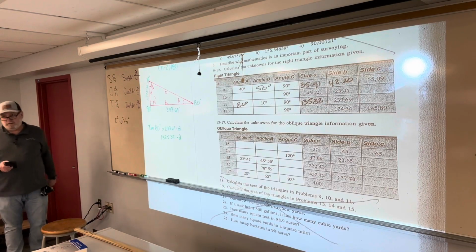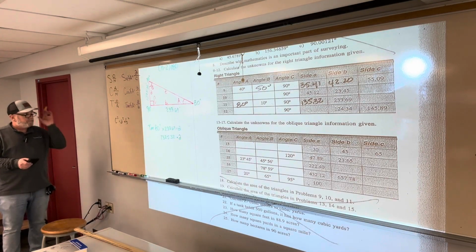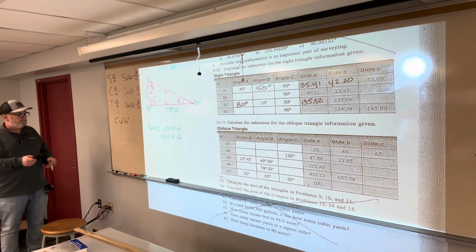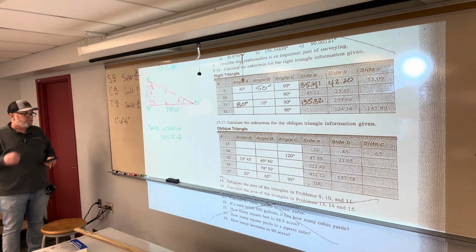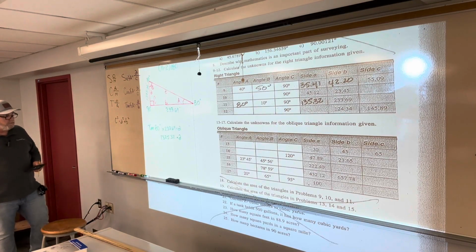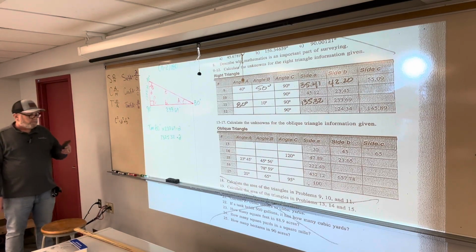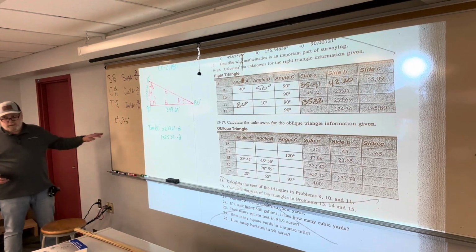Side C equals B divided by cos A, or A divided by sin A. I'm gonna just use the Pythagorean.